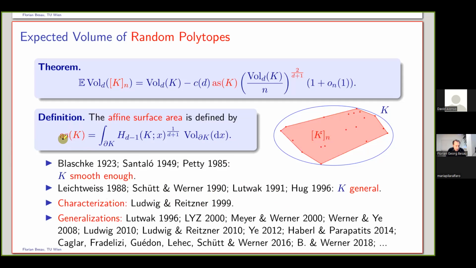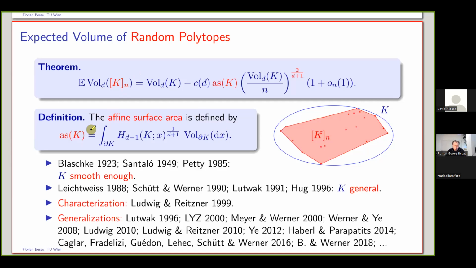As I was saying, this functional is equi-affine invariant on the class of convex bodies. It is upper semi-continuous with respect to the Hausdorff distance. And it's finitely additive on convex bodies, which is to say, if you have two convex bodies such that the union is also a convex body, then the affine surface area of the union can be calculated as the affine surface area of each of those parts added up minus the affine surface area of the intersection.